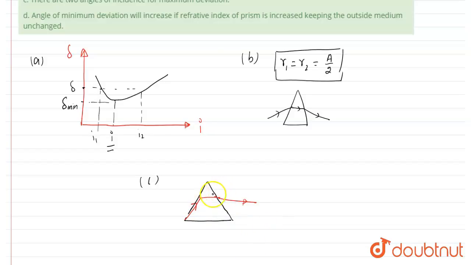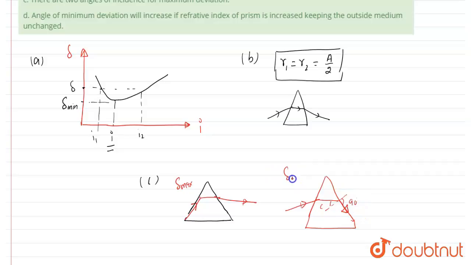In that condition we will find delta maximum, and another condition is when R2 is at the critical angle C, so the emergent ray will be parallel to that surface, that is, emergence angle 90 degrees.